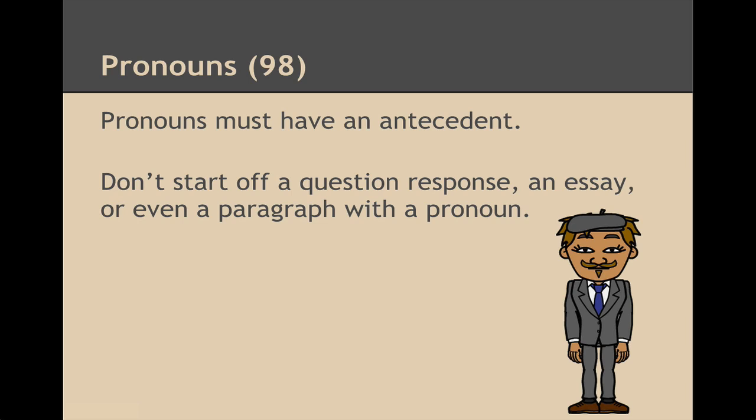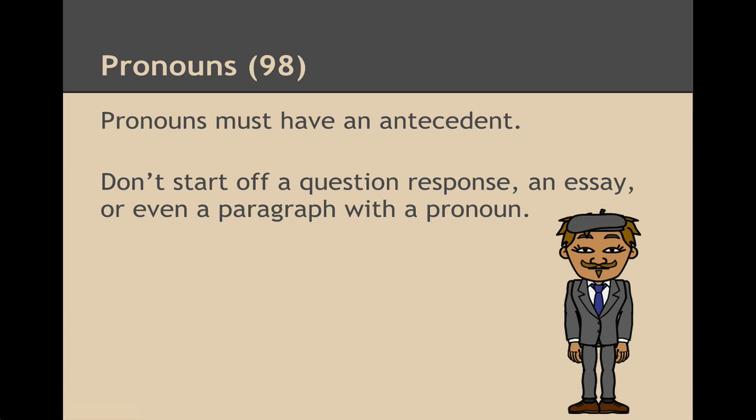Usually the pronoun is standing in for the noun that is closest to it. Don't start off a question response, an essay, or even a paragraph with a pronoun. We can break the paragraph rule later, but right now let's stick with it.